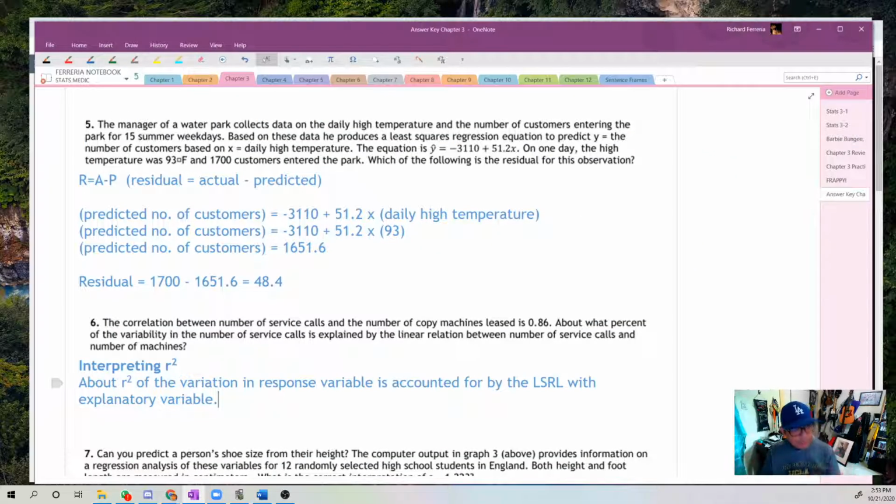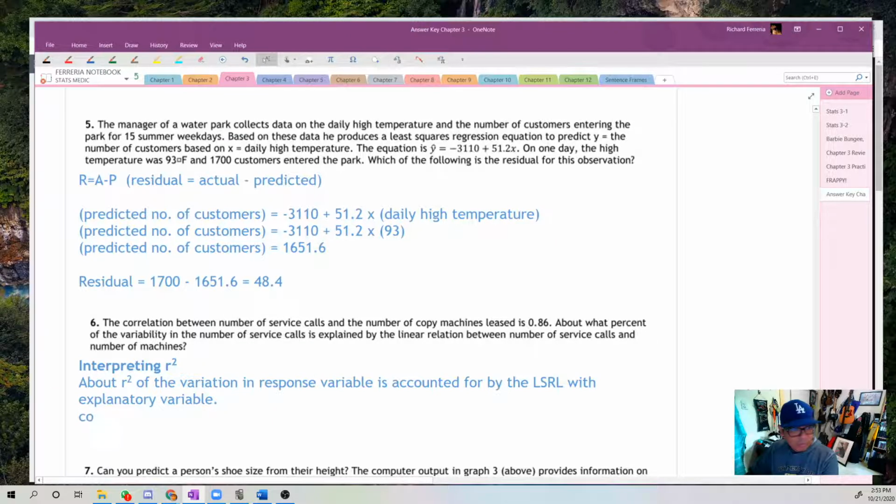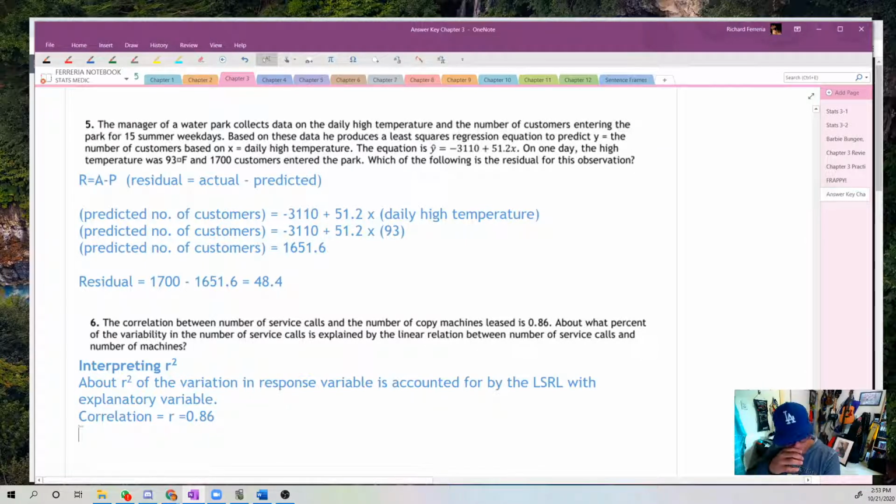So all I need to do is find the value of r squared, and I know what percentage of the variability in the response variable is accounted for by a least squares regression line with the explanatory variable. Right over here, this tells me that correlation is 0.86. So correlation is the same thing as r, and that's equal to 0.86. Like we said in class, r squared is literally the square of r.